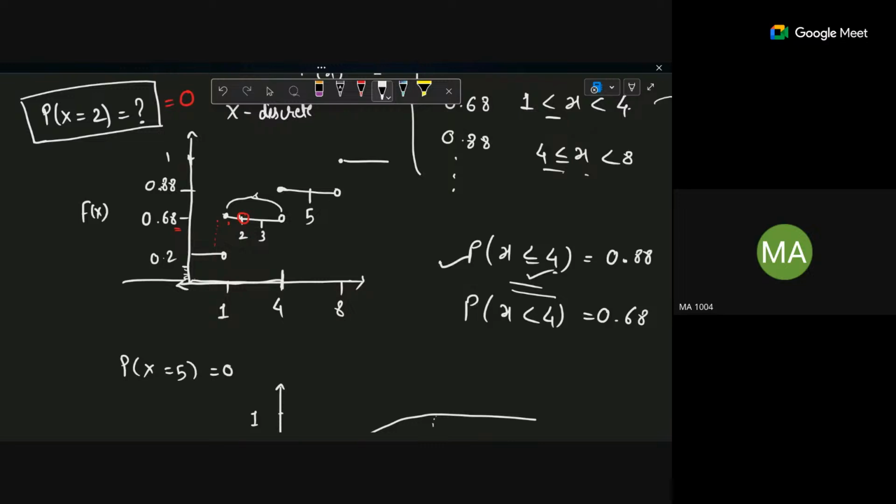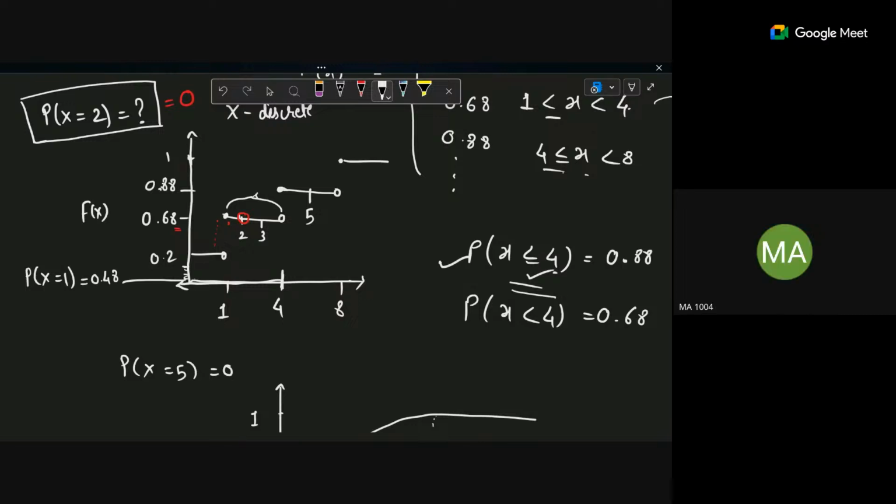Why? What's the probability at x is equal to 1 in this particular question? 0.48, right?